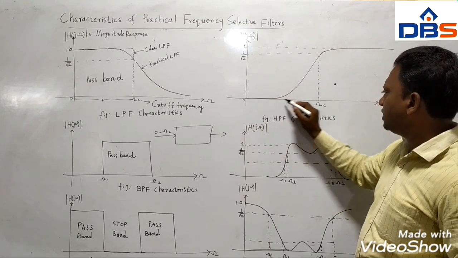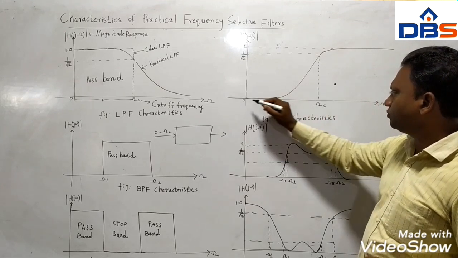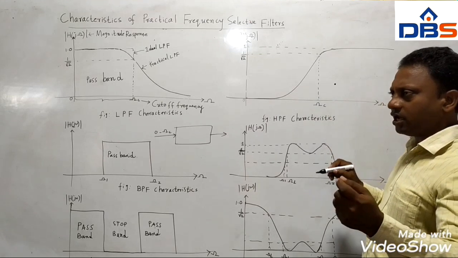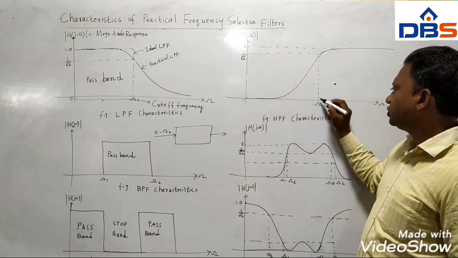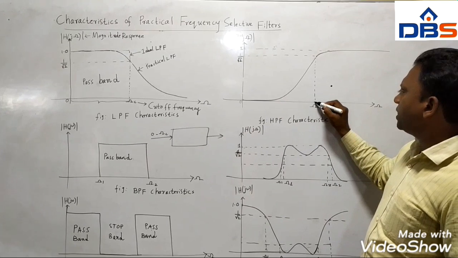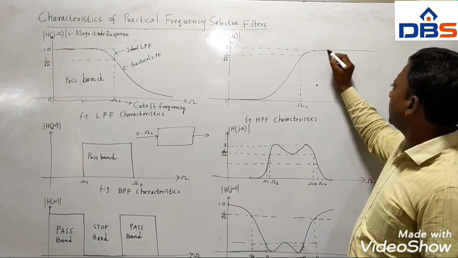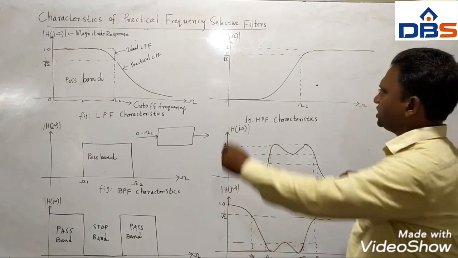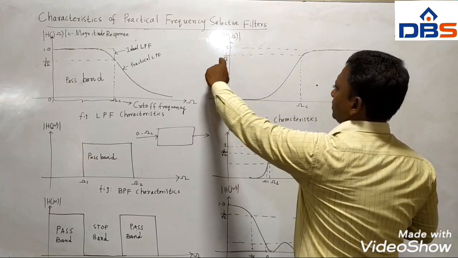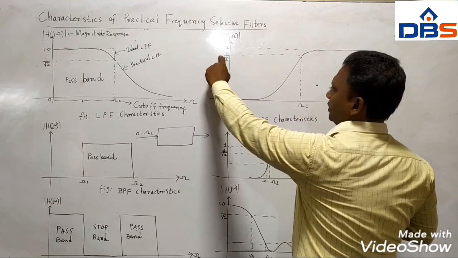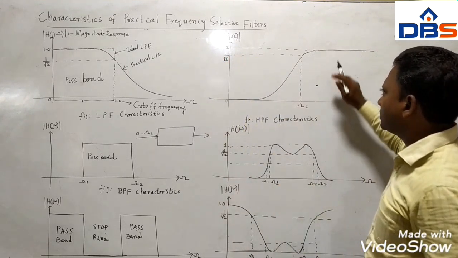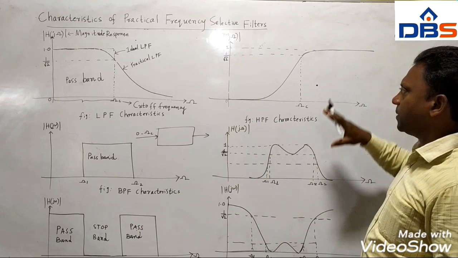Ideally it is not allowing any frequency component from 0 to omega c. At omega c you get a flat, smooth magnitude response of 1, and here it is 1 by root 2, or 3 dB down. So this is the magnitude response of the high pass filter.